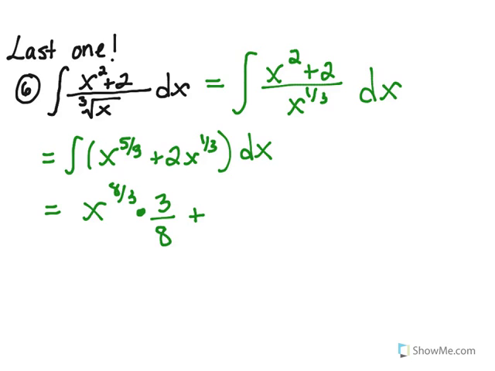And now for the next one, I have plus 2 x to the 1/3 plus 1 will be 4/3. And again, I'm going to multiply by the reciprocal of the exponent instead of dividing by a fraction. Don't forget your constant of integration at the very end.